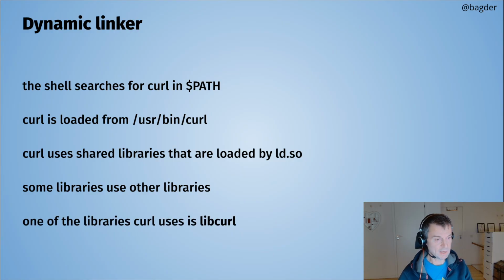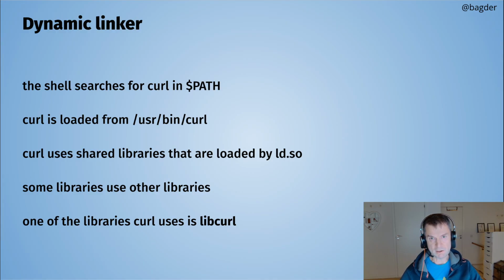But the key library that's interesting for us here today is libcurl, of course, which is a very central and important library for curl, the command line tool, because libcurl is the engine library that will do all the network operating stuff for curl, the command line tool.